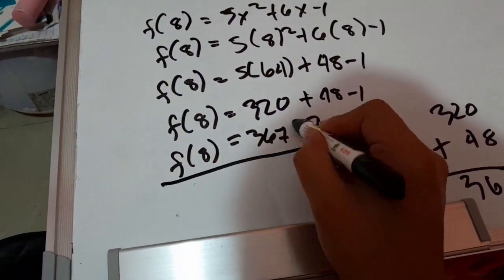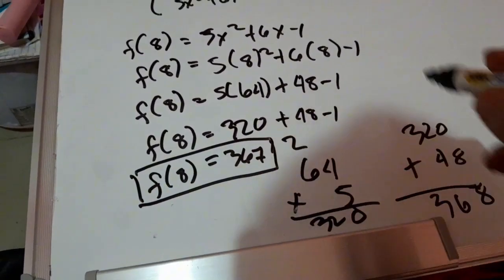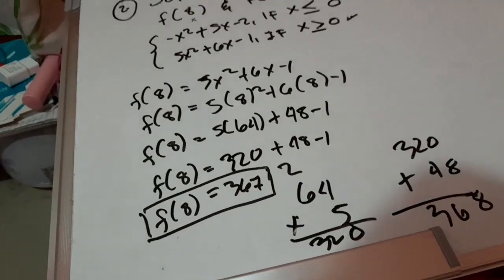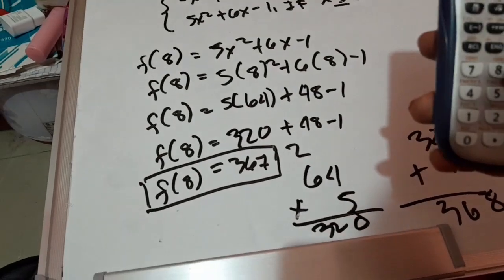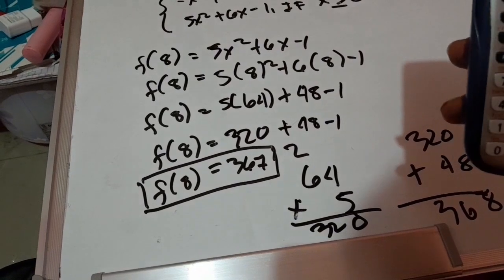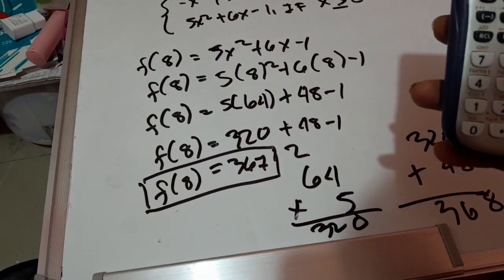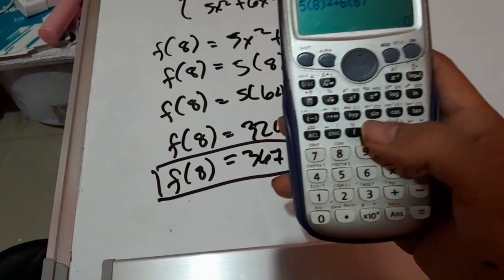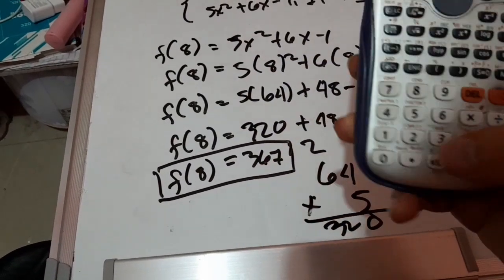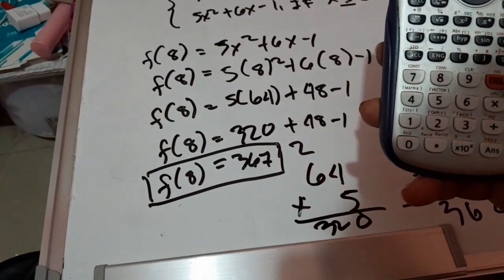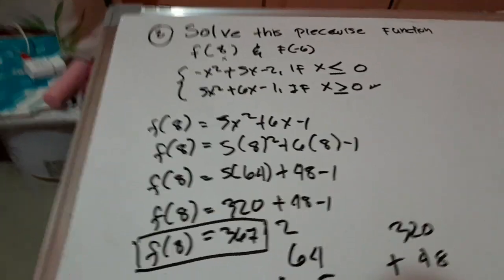So that's the value of f of 8. So let us check using our calculator. 5 times 8 squared plus 6 times 8 minus 1, 367 is the value of f of 8.